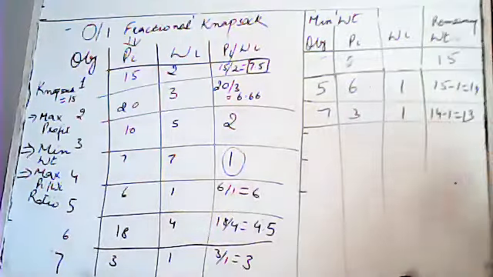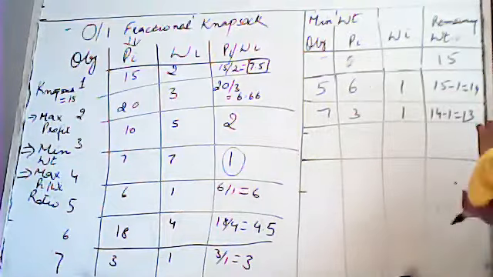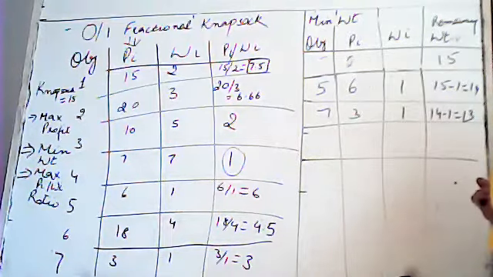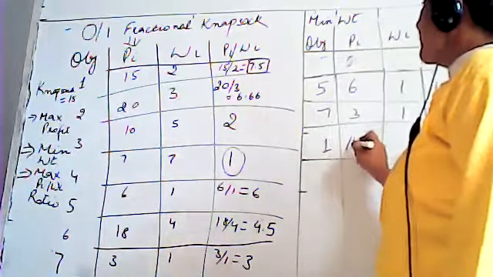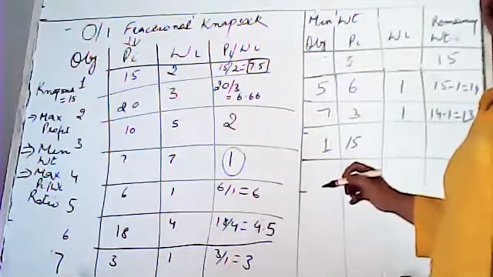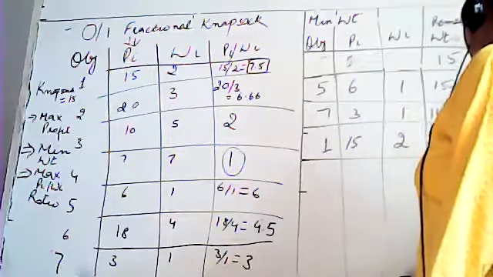Next, which weight will you pick? 7 and 5 we have done. Now the least weight would be of object number 1, profit 15 and weight 2. So 13 minus 2 would be 11.